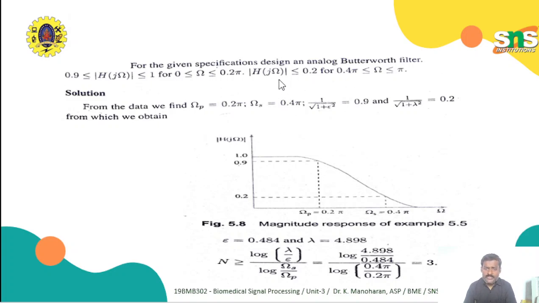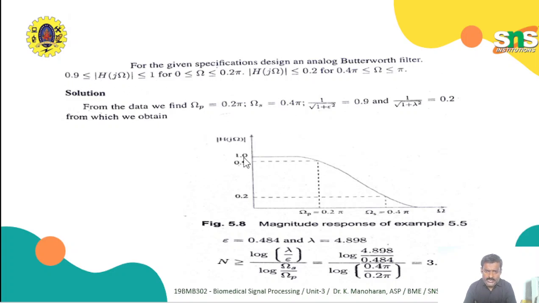From this, first we need to write the given values and we can draw the graph. Look at this graph. They mention 0.9 to 1 for the range of frequencies 0 to 0.25. I am taking this as 0 and this as 0.25. In this frequency range from 0 to 0.25, the attenuation is 0.9 to 1.